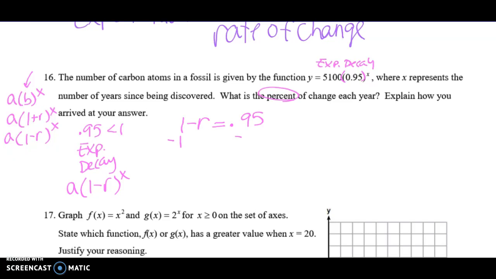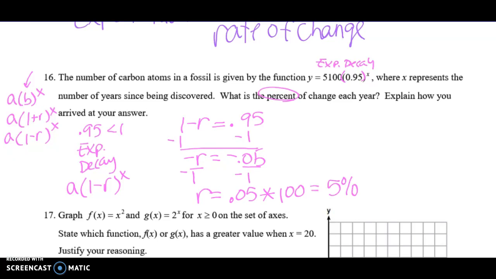Solving for R, if I subtract 1, negative R is equal to negative 0.05, divided by negative 1, R is equal to 0.05. Convert it back into a percent by multiplying by 100. So it's a 5% rate of change per year.